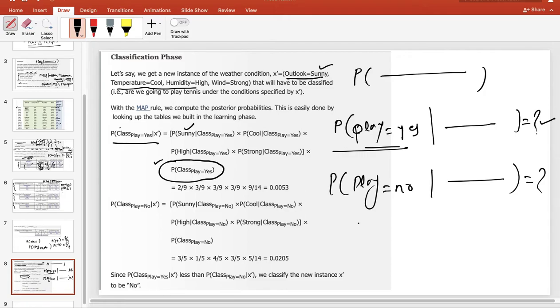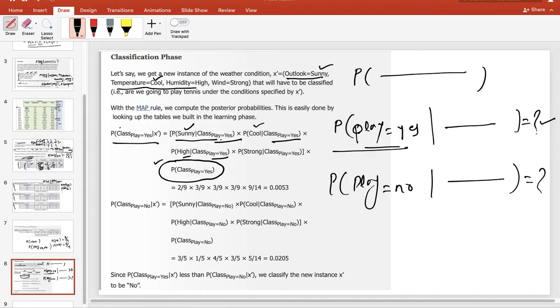Then the probability of temperature cool given class yes, into the probability of humidity high given class yes, into the probability of wind strong given class yes.